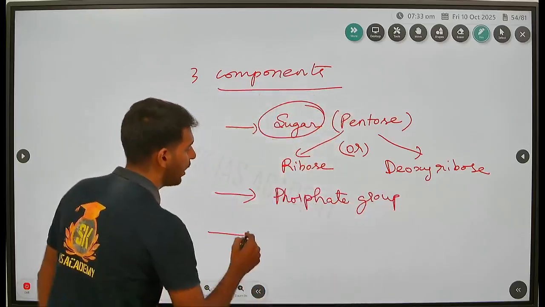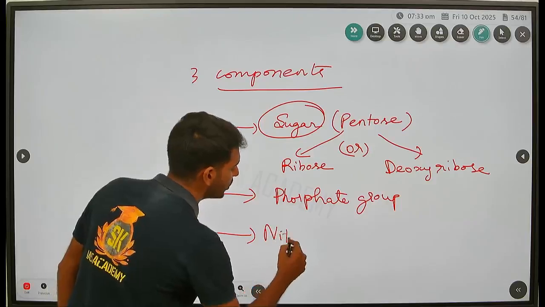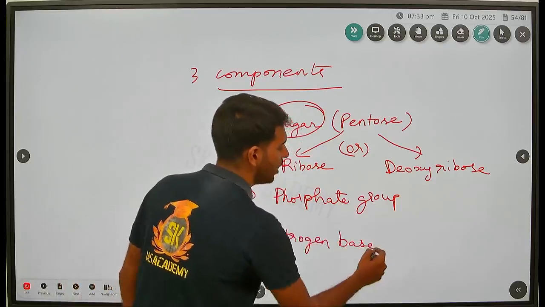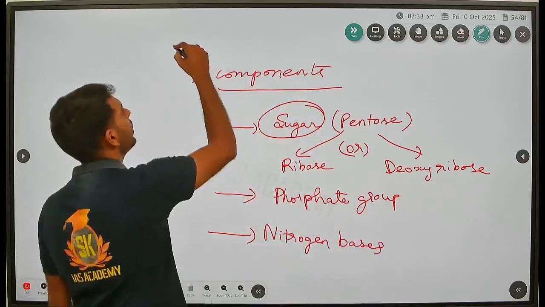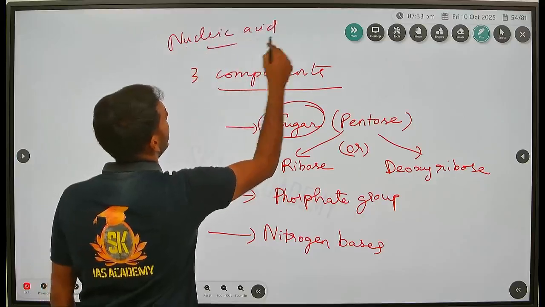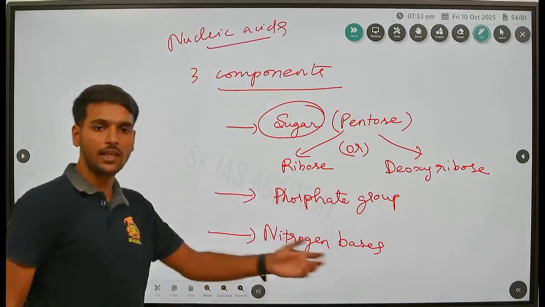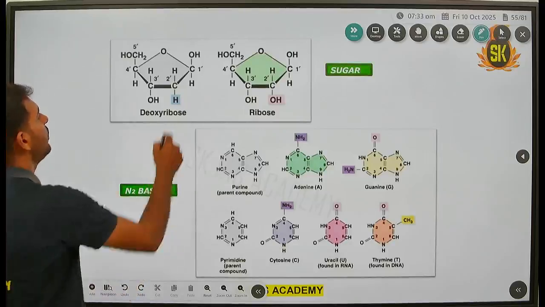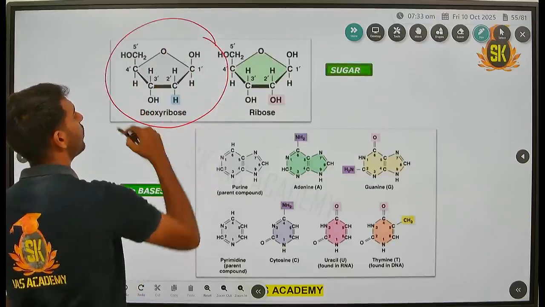Then you have your nitrogen bases. So nucleic acid has three components, any form of nucleic acid, whether it is DNA or RNA. Okay. So see, this is your deoxyribonucleic acid.